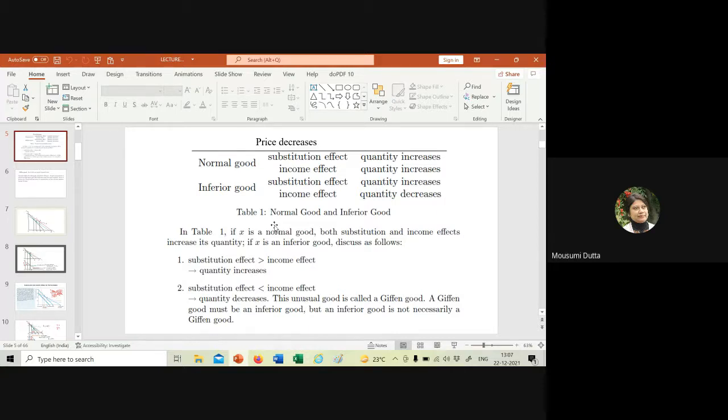Analyze the cases of substitution effect and income effect for normal and inferior commodities, when price of X1 increases.